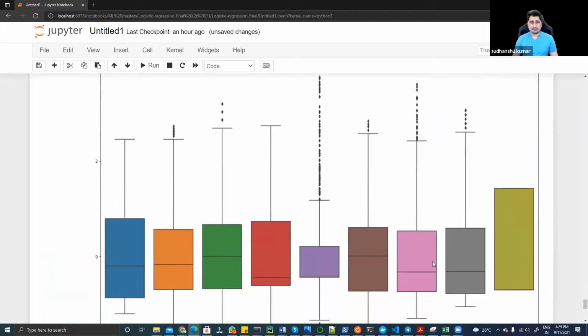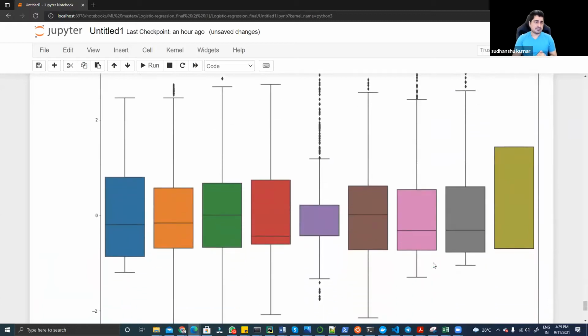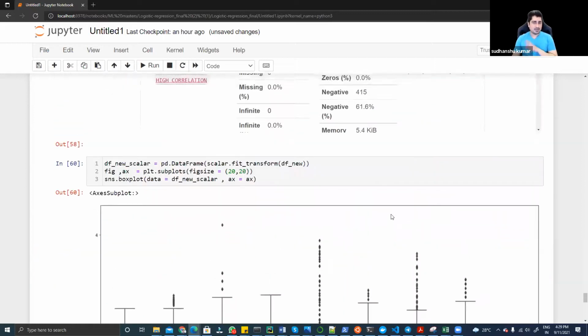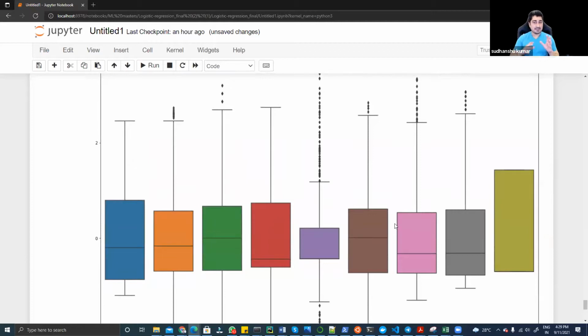Now see, a complete variance of the data set has changed, right? That is the data set you are sending to your models. So the complete dispersion has changed. Now your complete ranges have changed. Now my data set is dispersed. Can I say the data set is dispersed equally now?